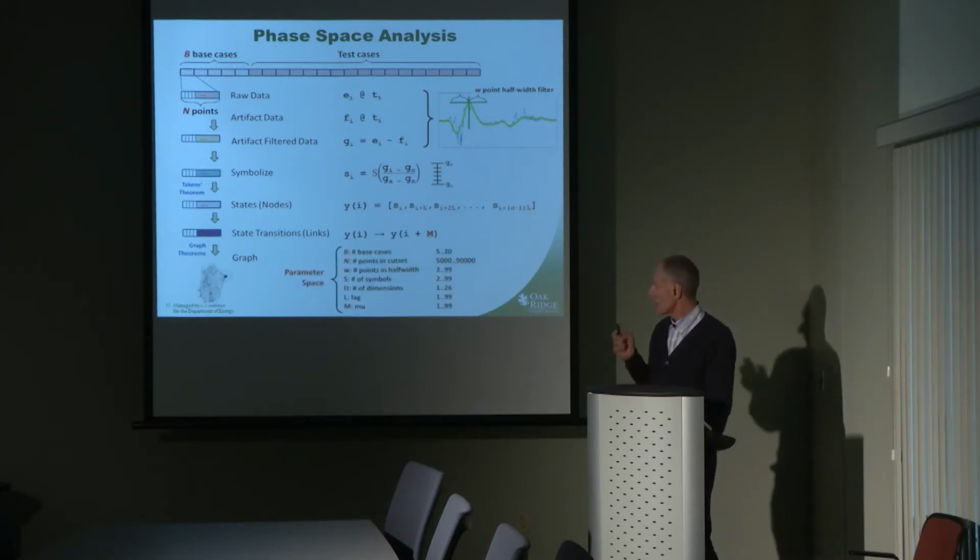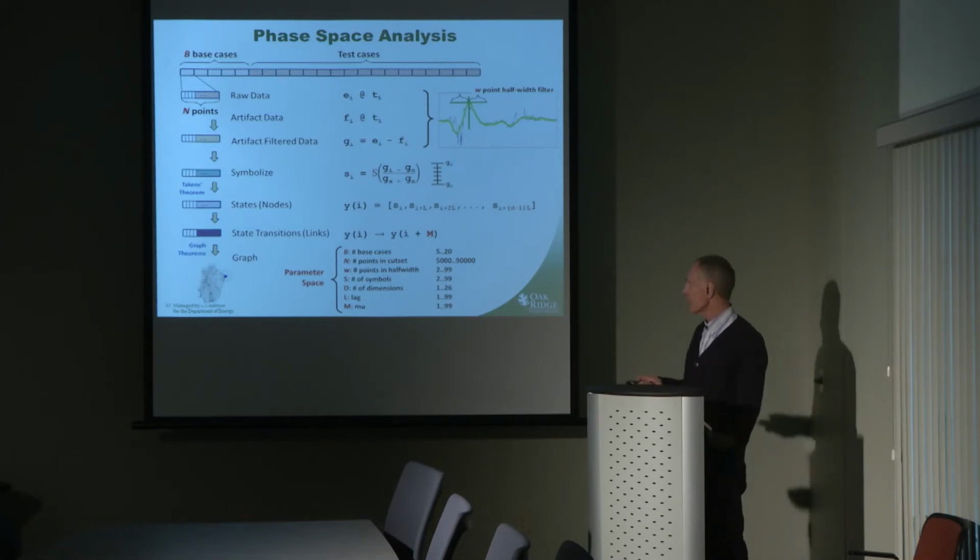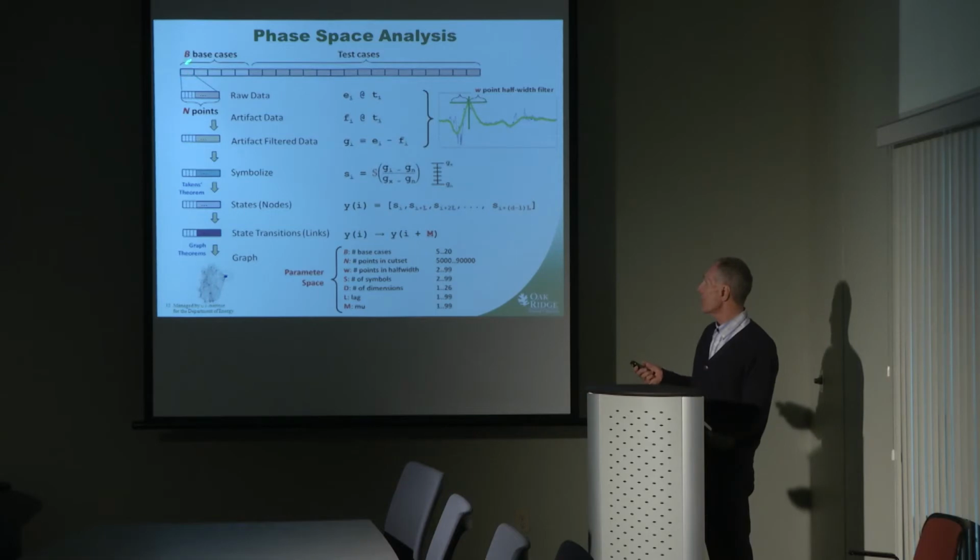So I have to first tell you that there are a lot of free parameters here. There are the number of base cases here. There are the number of points in the cut sets here. There is the half-width of the artifact filter here. There's the number of symbols, the number of dimensions in this phase space. There is the lag associated with this vector, and there is a lag associated with the state-to-state transition.